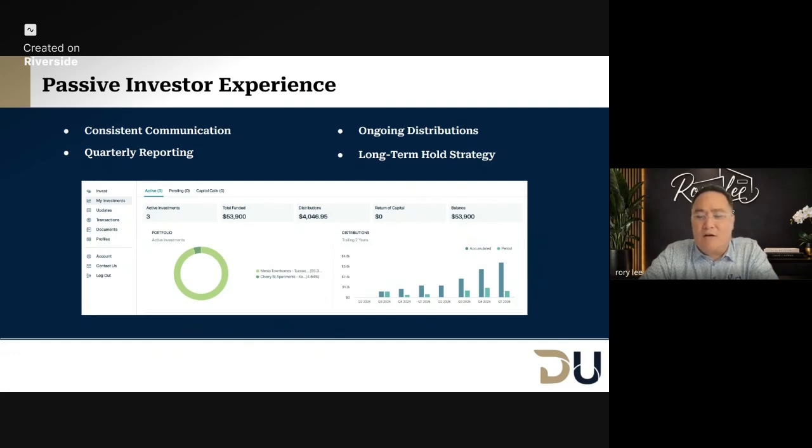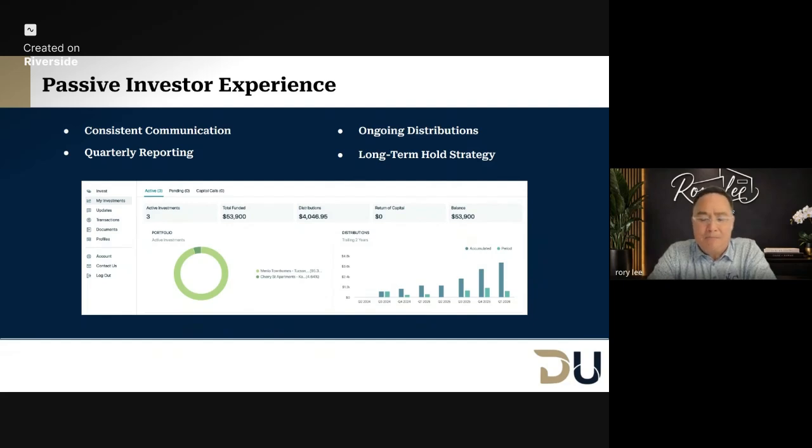So it's very, very simple. Once you decide, the most difficult part is going to be analyzing the project and seeing if it's a fit for you personally. Once you decide to go ahead with it, it's super, super simple.